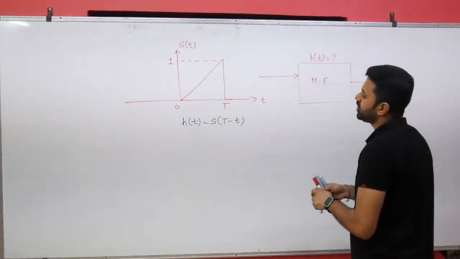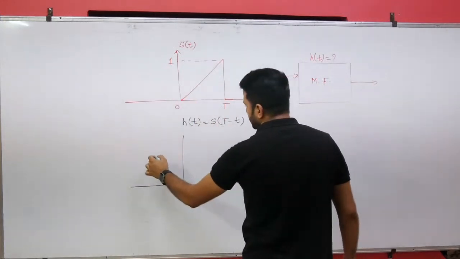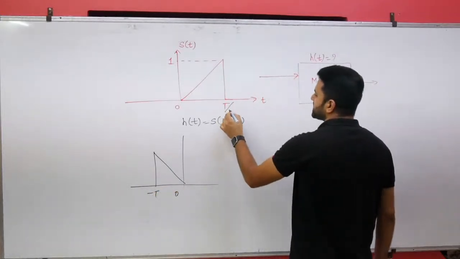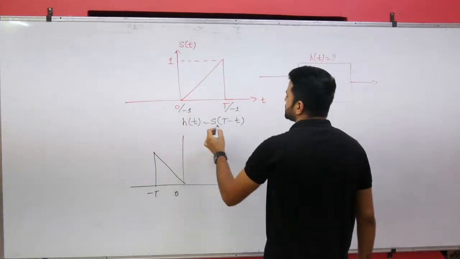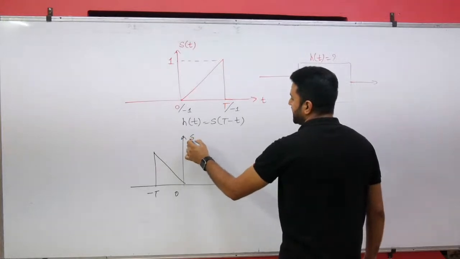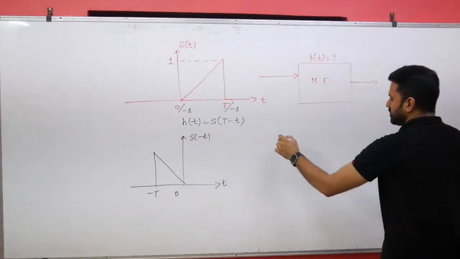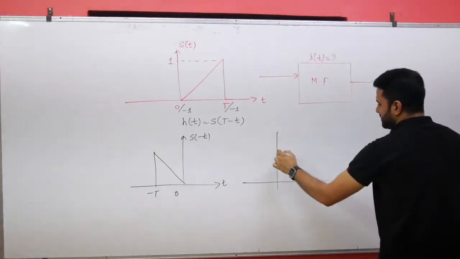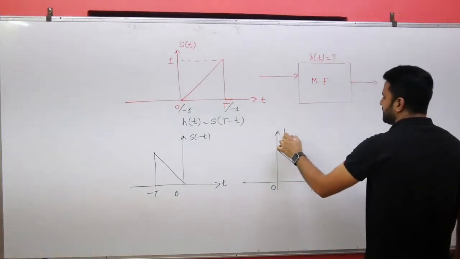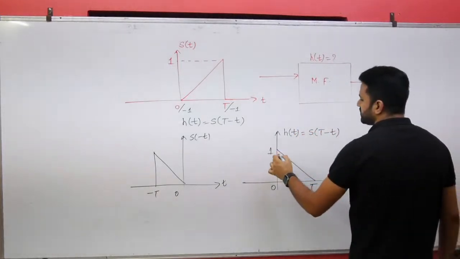So how to draw this? I think you are able to draw. If we fold it, we will get this triangular signal. To fold this signal, we will multiply the axis by -1, so we get minus T to 0, and now it is s of minus t. Now if we want to shift it by capital T, it will shift towards right, and you will get 0 to T, and it will become h of t, which is s of capital T minus small t, and the amplitude will remain 1.